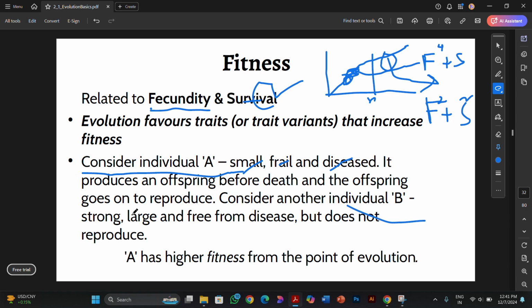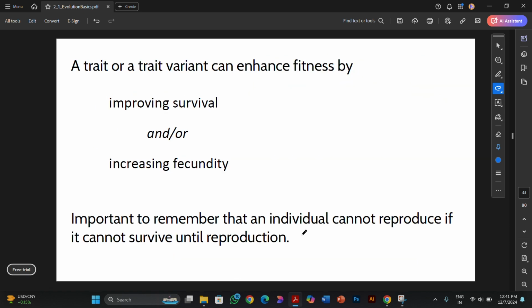And there is another individual, B, strong, large, free from disease, but it does not reproduce. So we say that A has higher fitness. The small, frail and diseased individual which can reproduce one offspring has higher fitness than the one with a strong, large, disease-free body but which cannot reproduce. So this is the fitness paradox.